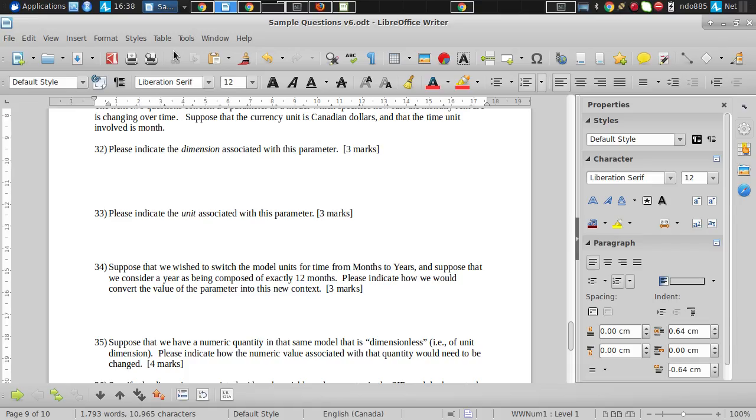Oh, please, please, please, I beg of you. I beg of you, folks. Remember this principle. So X is of unit U. What are the units associated with the flow? U over some time, tau.